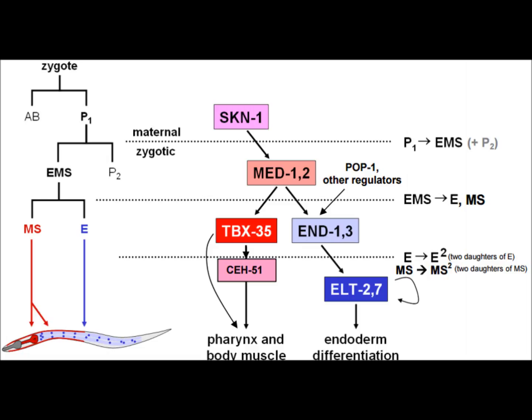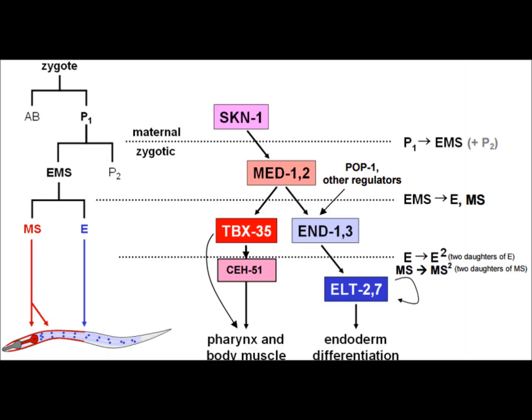What's shown here is a flowchart of some transcriptional regulators in C. elegans, and you can note that MED1 and 2 is present in the EMS cell. Interestingly enough, MED1 and 2 activates both T-box35 and End1 and 3 in MS and E respectively.